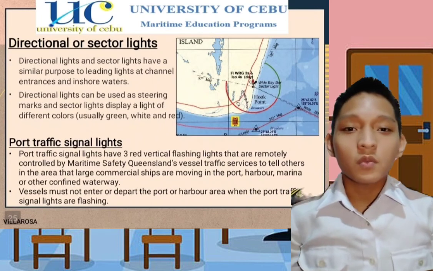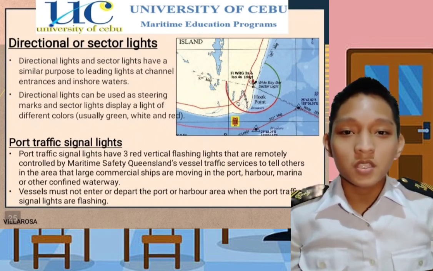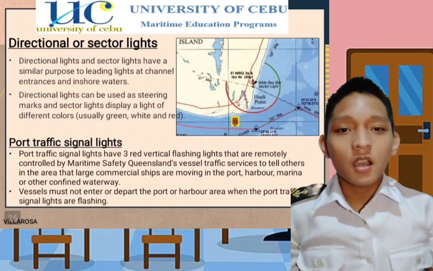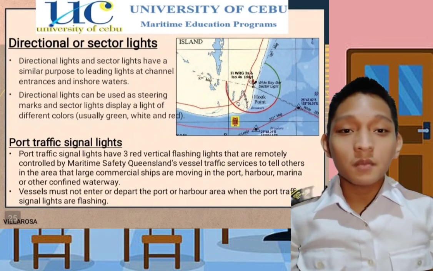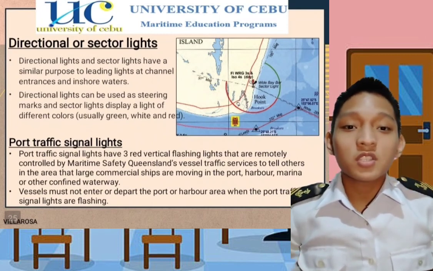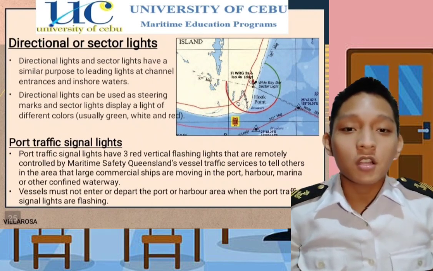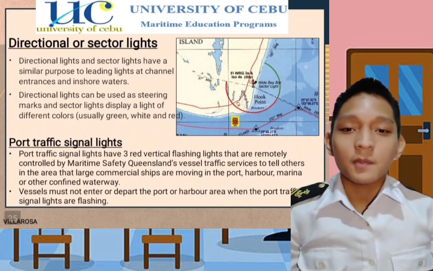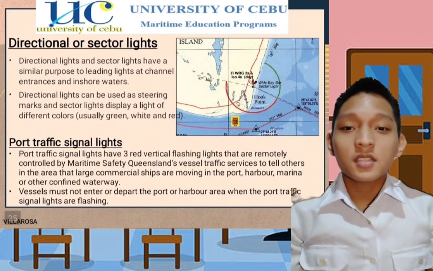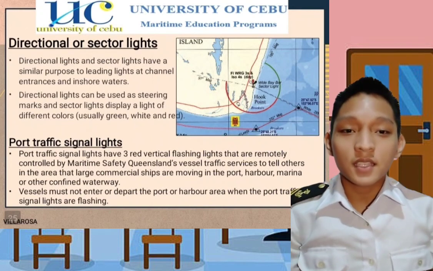In this one, we have a similar purpose to the leading lights at channel entrances and inshore waters. Most directional lights can be used as steering marks, and also sector lights, which display lights of different colors, usually green, white, and red. So the last one is the port traffic signal lights.